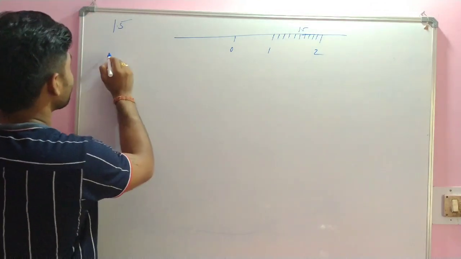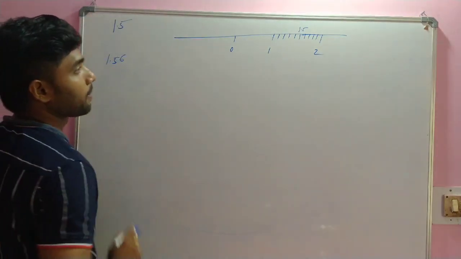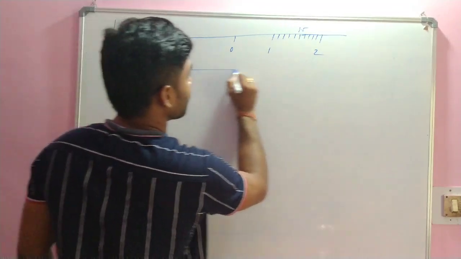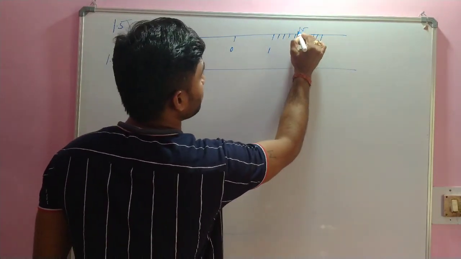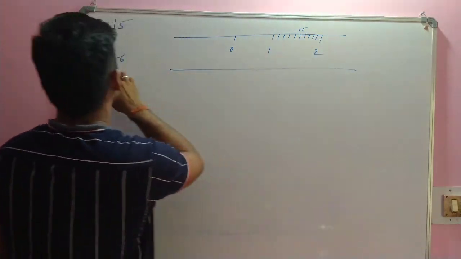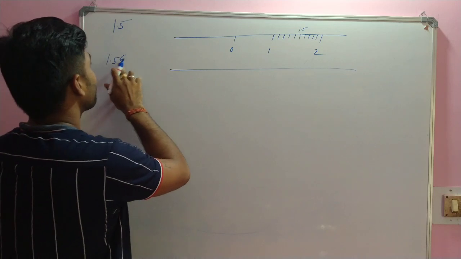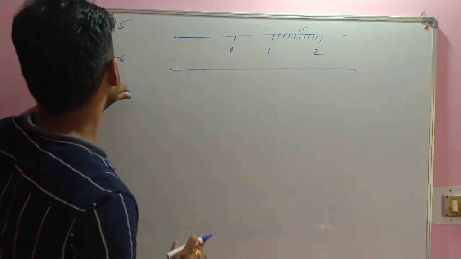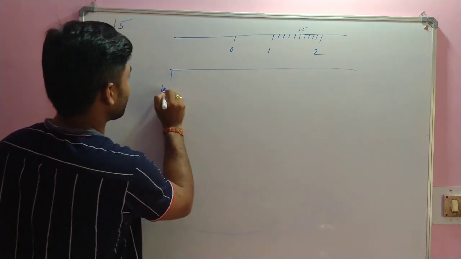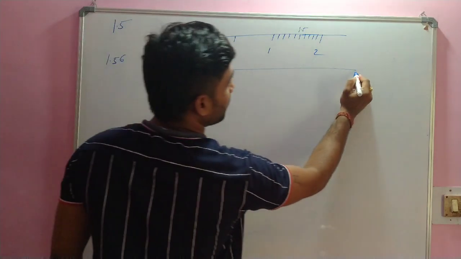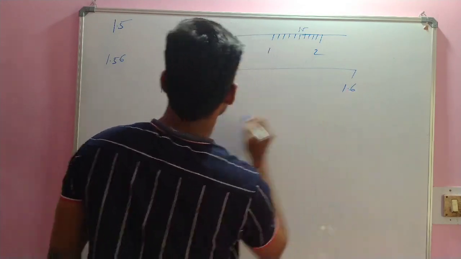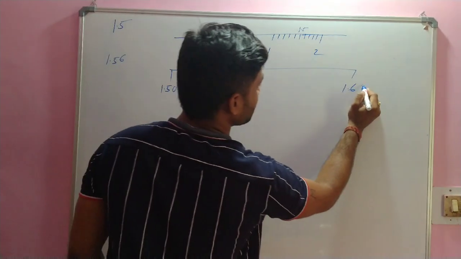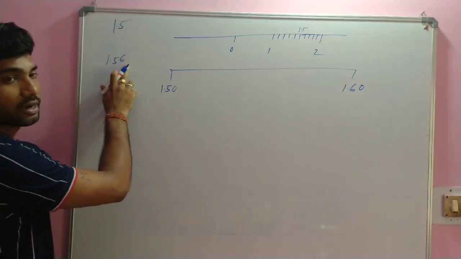Okay. Suppose 1.56. Here is 1.5 and 1.6, that is 1.50 and 1.60, which we divide into 100 equal parts.